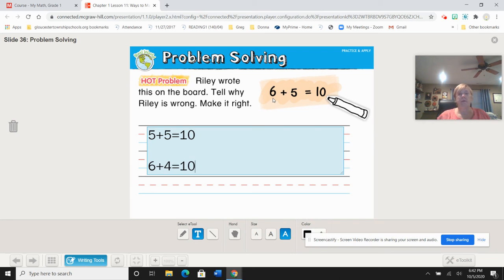Good job. Okay. So those are 2 ways. The first way, I chose to change the 6 and make it a 5. And the second way, I kept the 6, but I changed the second number and made that a 4. Okay, so be sure to write down either of these answers on the line. Okay.